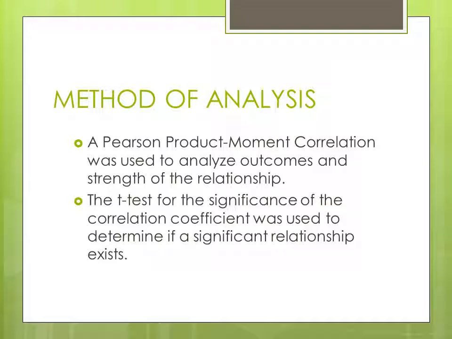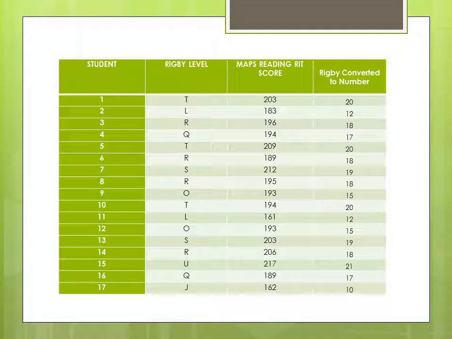For the method of analysis, a Pearson product-moment correlation was used to analyze outcomes and strength of the relationship between the Rigby level obtained and the reading MAPS score obtained. The t-test for the significance of the correlation coefficient was used to determine if a significant relationship exists, and the data set for these scores is illustrated in this chart here.